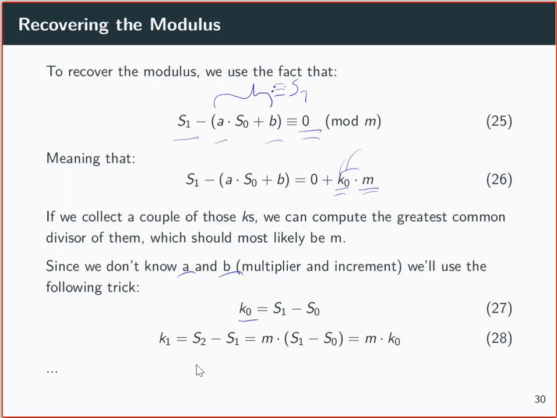Well, this we can also just write as, since this is going to be 0 modulus m, we can also just write it as this multiple of the modulus. So K1 is essentially K0 times the modulus.